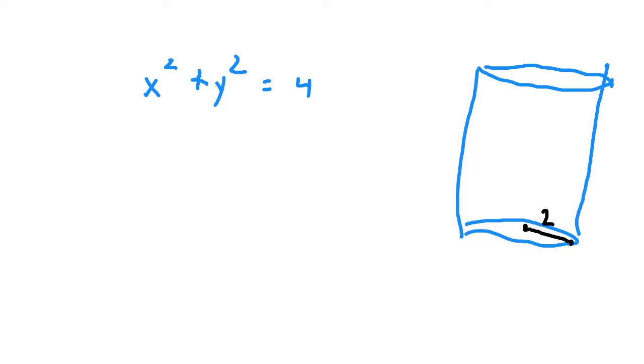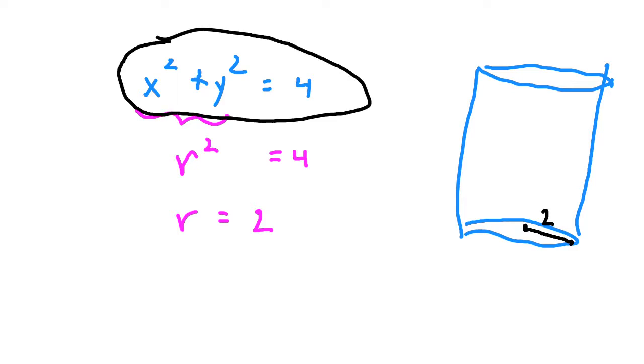But x squared plus y squared, remember, equals r squared. So if r squared equals 4, r equals 2. So you have 2 ways to represent this surface. This is the Cartesian equation, which you grew up with.